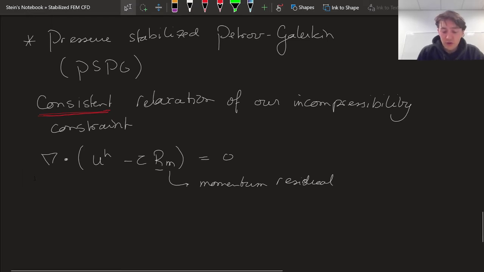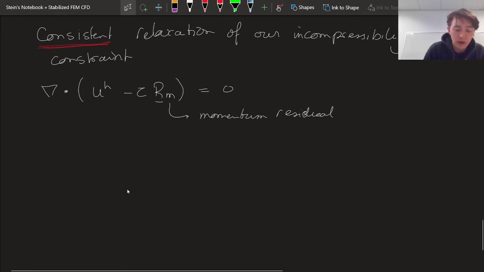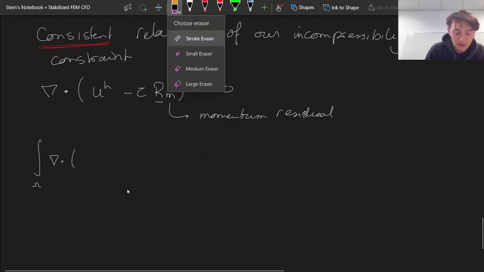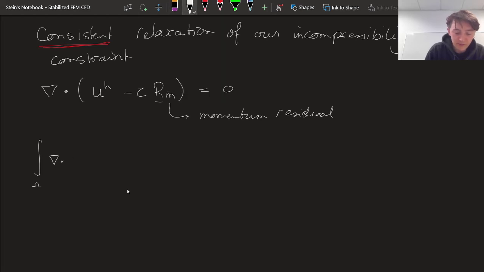So if we then use this strong form equation as the basis of a weak form equation, we obtain a weak form by multiplying by a test function. This is a scalar equation, so a scalar test function, and integrating over a domain. Pretty much that's already the end of the story, because what we obtain is an integral over our domain omega of the divergence of u times our test function q. This is a linear operator, so it simply separates.